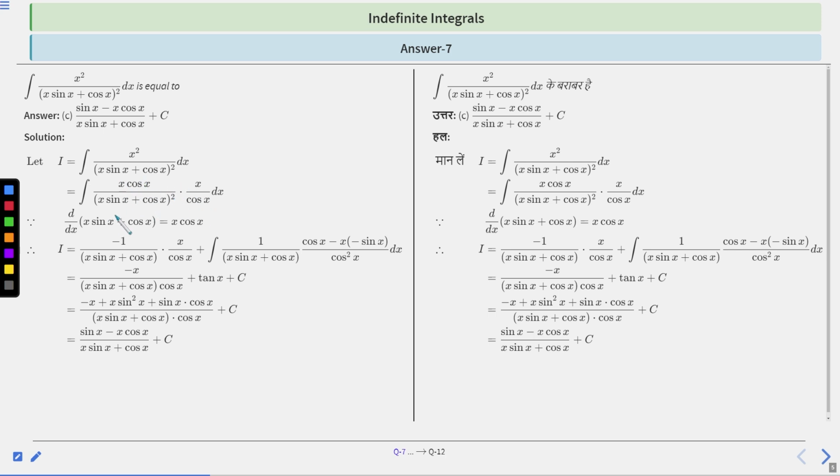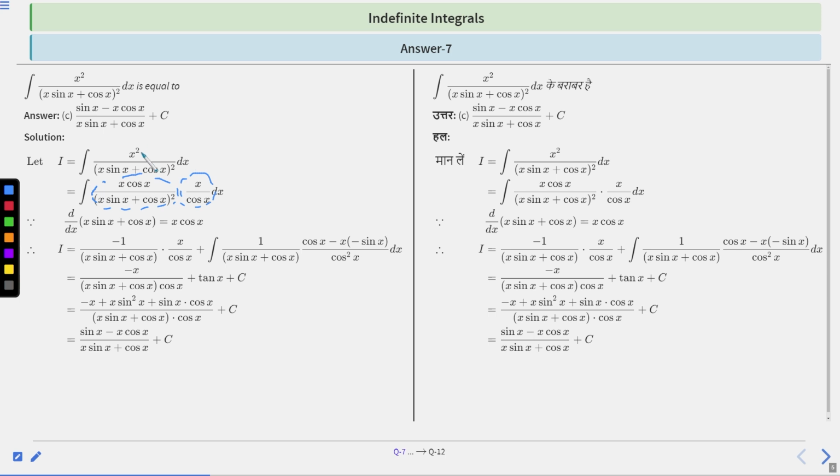This is because d by dx of (x sin x plus cos x) is equal to x cos x, right? Therefore, we do integration by parts from these two things.